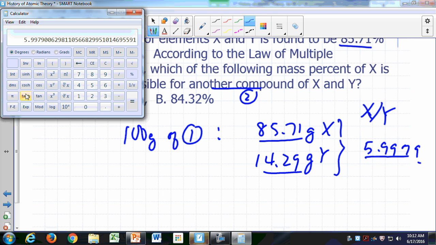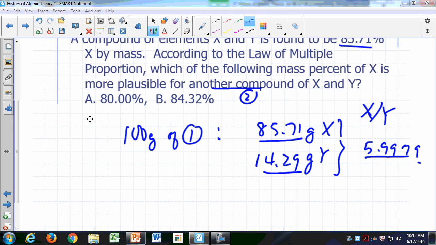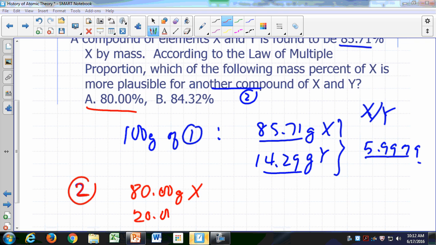All right, so let's look at possible choice A. What if compound number 2 is 80% X? That's going to be 80 grams X to 20 grams Y. So what would be your X to Y ratio here? 80 over 20, that should be quite simple. That's 5.000.